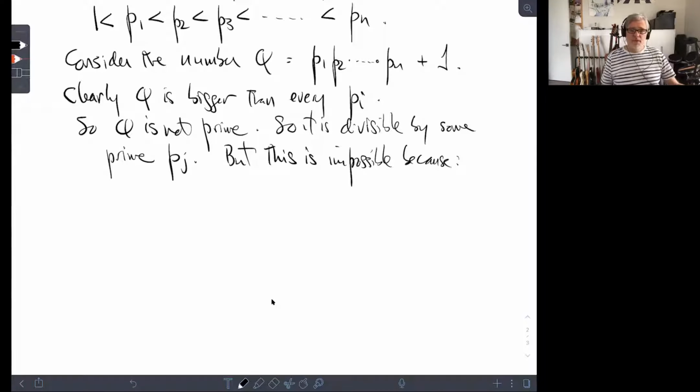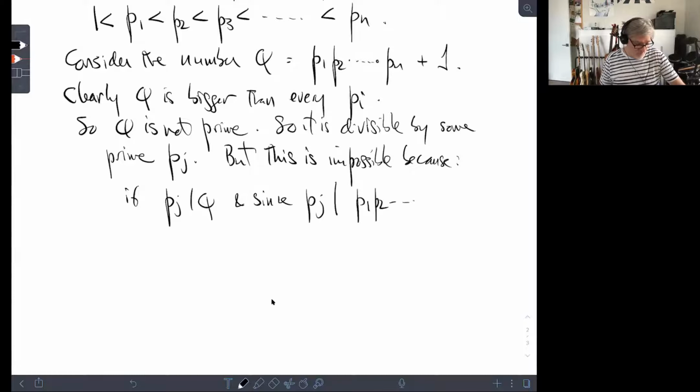Because if this number Pj divides Q, and it clearly divides the product of all these numbers, since it appears in the factorization of this number, then if it divides Q and it divides this product, it must divide their difference.